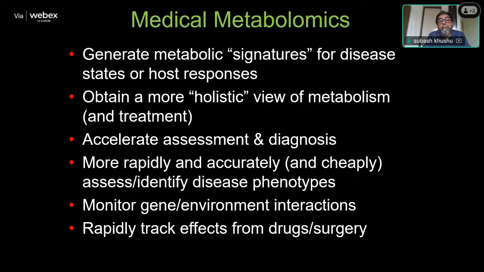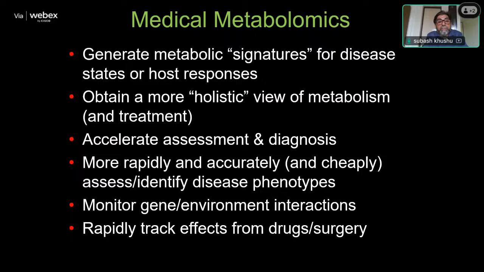In the medical field, it is very important because it can generate metabolic signatures or disease signatures of a particular disease, and you obtain a more holistic view of metabolism, and then look at the treatment modalities, and it can accelerate assessment and diagnosis.